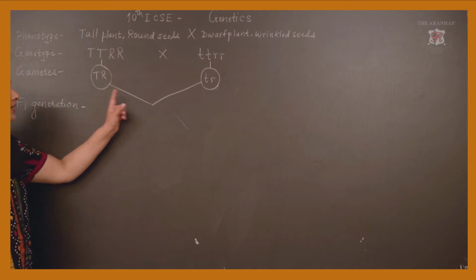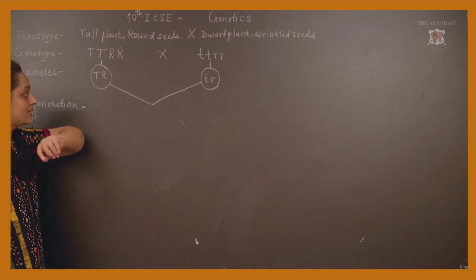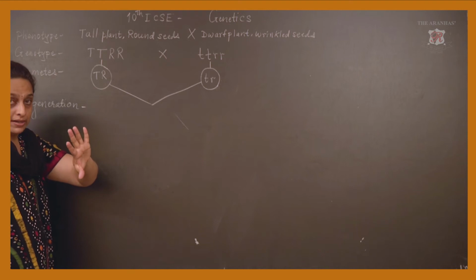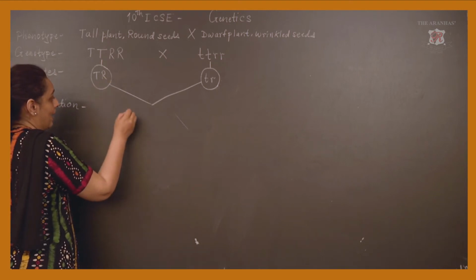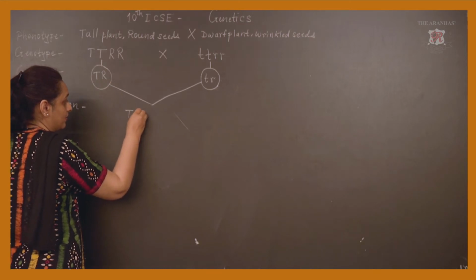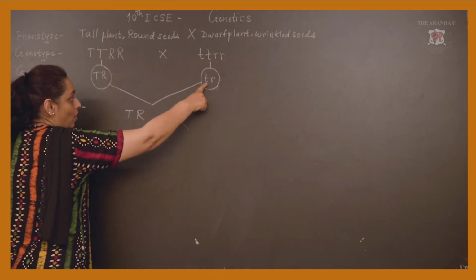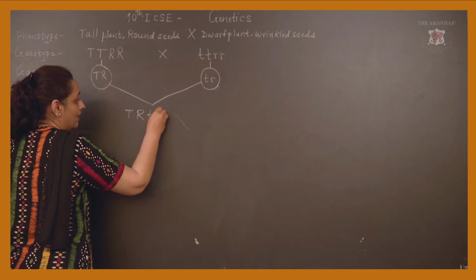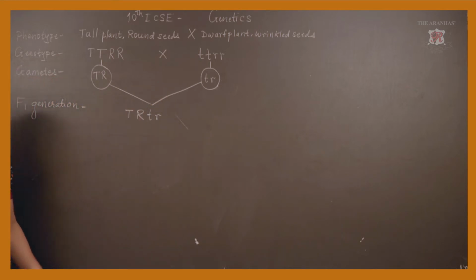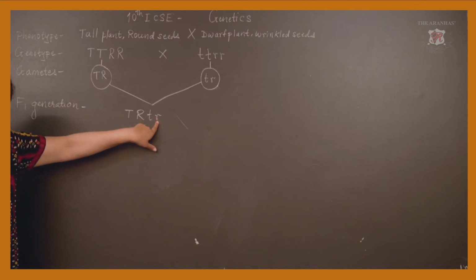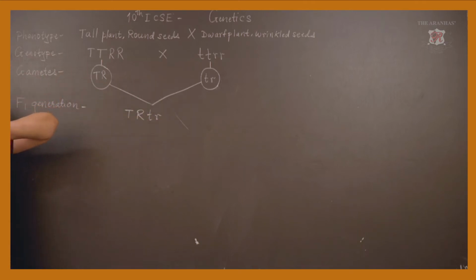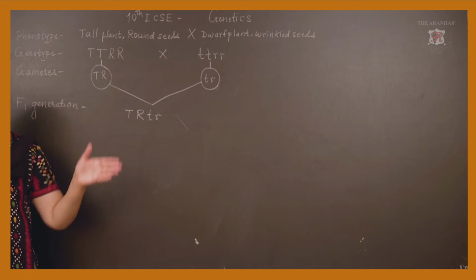So, I am showing the union of gametes. Now, look here. If I write capital T and capital R first and small t and small r afterwards, then this sequence, capital T, capital R, small t, small r, becomes difficult.